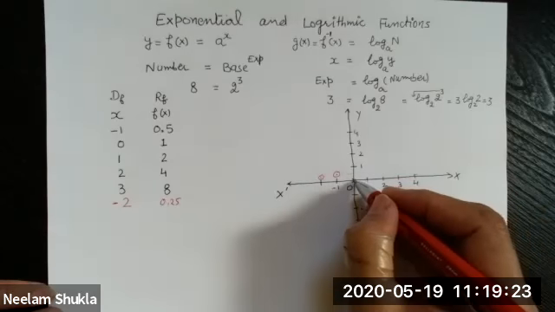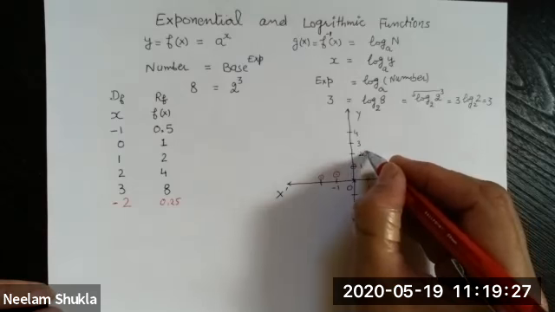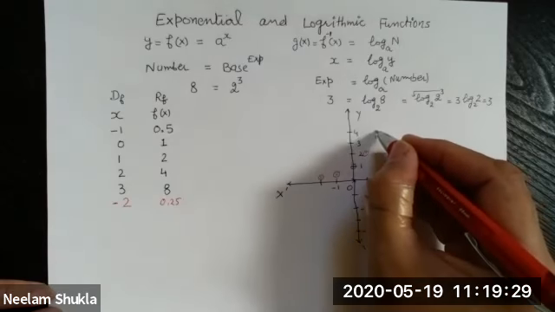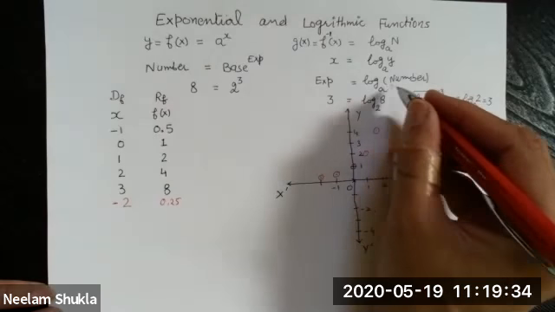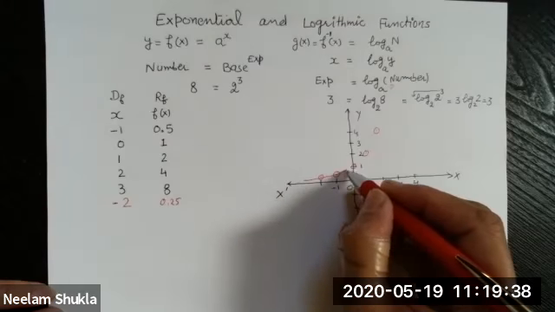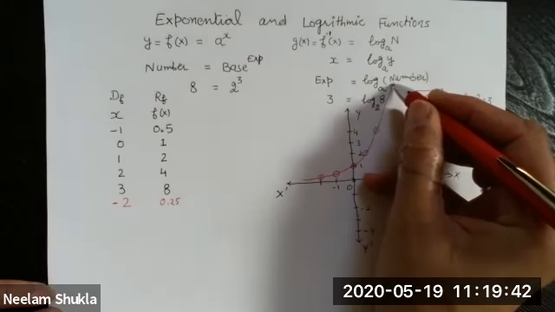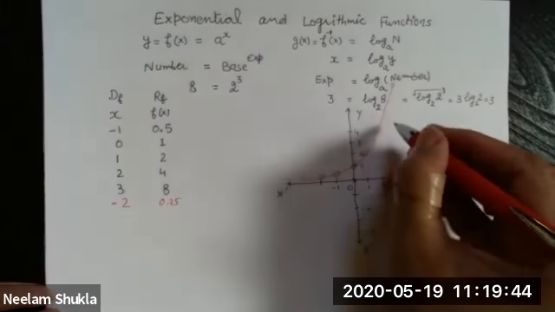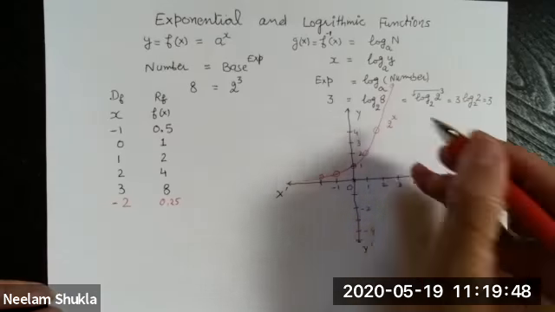At x equal to 0, y value is 1. x equal to 1, y value is 2. x equal to 2, y value is 4. And x equal to 3, that value will be somewhere here, which is 8. And the graph will look like this. And this is the graph of the exponential function 2 raised to power x.